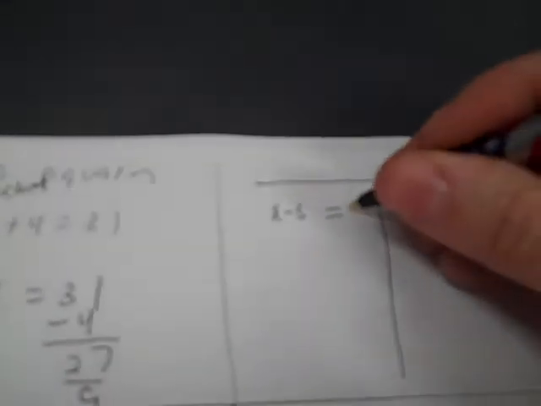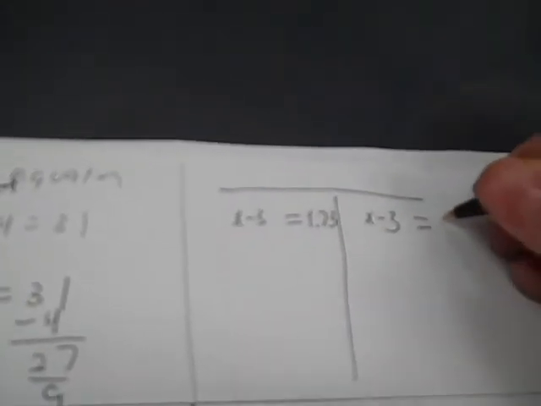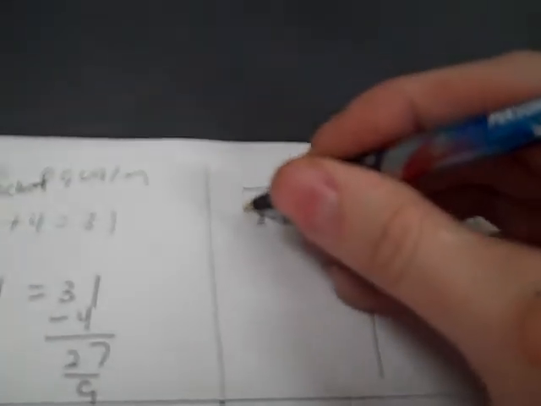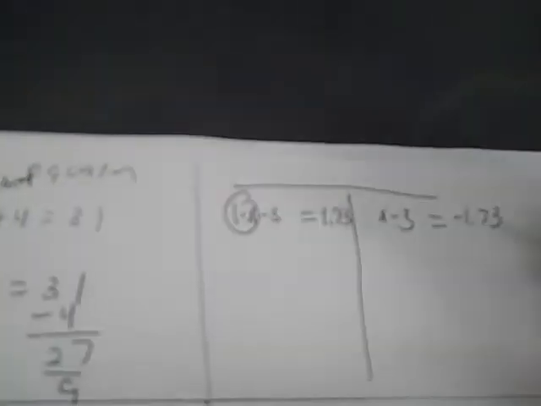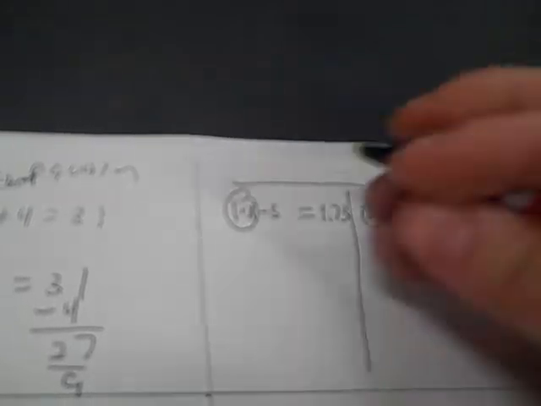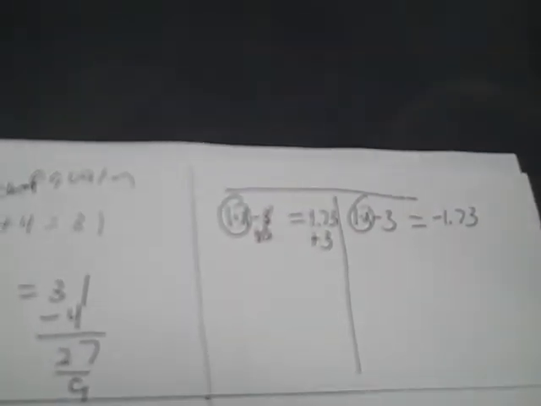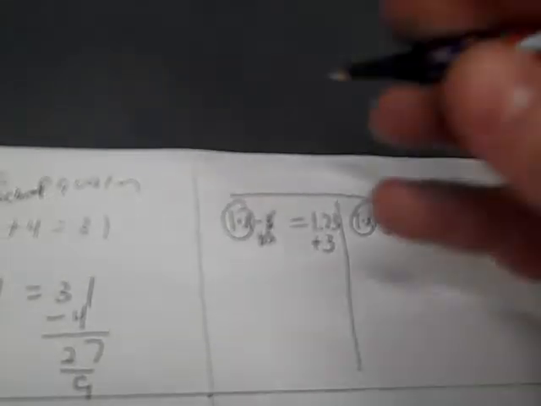Now I bring this over here because x can be equal to 1.73 or negative 1.73, and then I dot the 1 and put a 1 and dot it, and then I go from there. So I add 3. So 1.73 plus 3 is 4.73, and I have a 1 as my dot, so I don't need to divide.